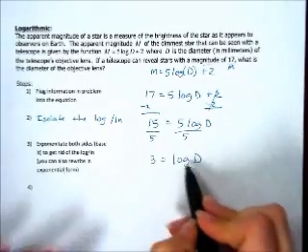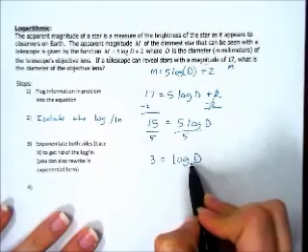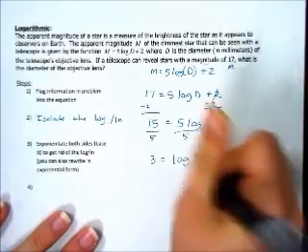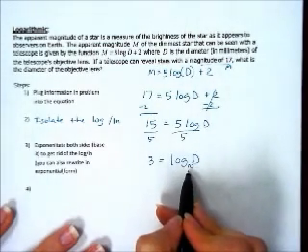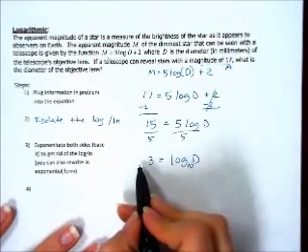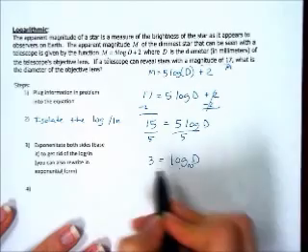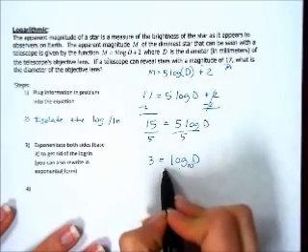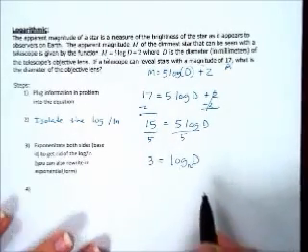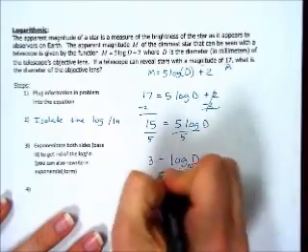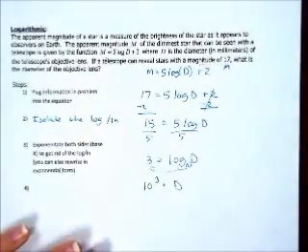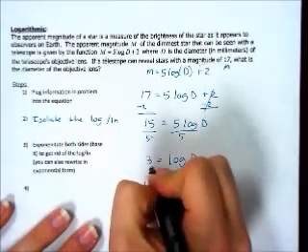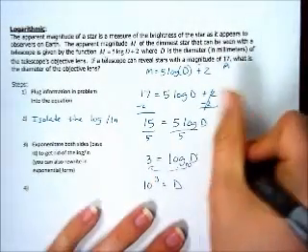In order to get rid of the log, we want to exponentiate both sides. Or again, you can also rewrite it. If we have a log and it doesn't give us a base, we assume the base is 10. So to get rid of the log, we either use base 10 on both sides: 10 to the third equals 10 to the log base 10 of d, which cancels out, or we can rewrite it as 10 to the third power equals d.